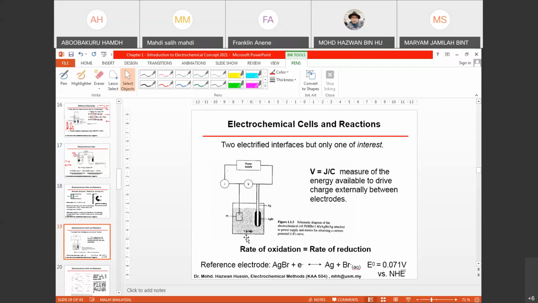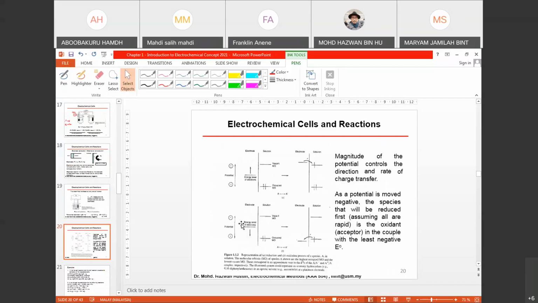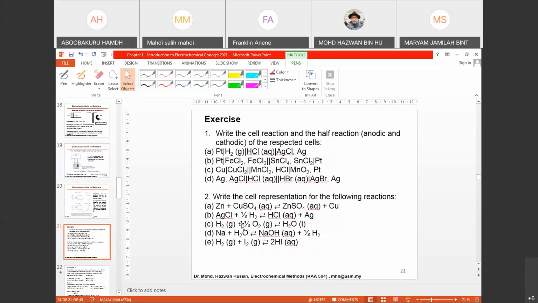The phenomenon can only be monitored using electrochemical methods. I believe this is almost the same as what I explained earlier on the electrode process, so I think we'll skip this one.